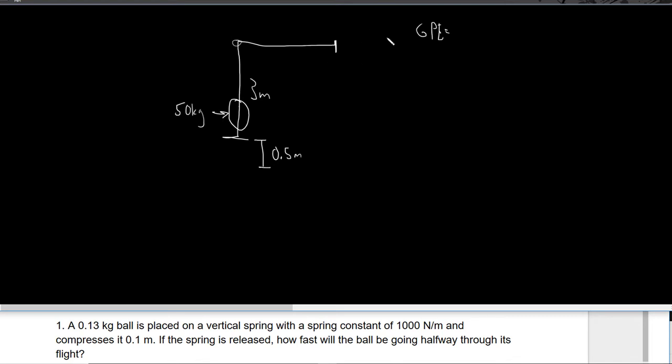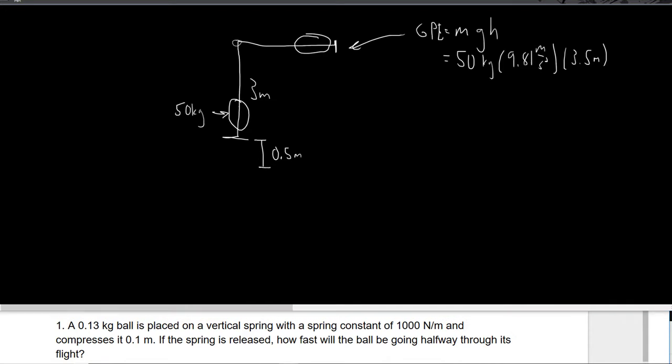So the GPE at the top part of the swing here, let's draw my person on it, okay, is equal to the mass times acceleration due to gravity times height. So in this case, that's 50 kilograms times 9.81 meters per second squared times the height, which we said was 3.5 meters. All right, so calculator out.